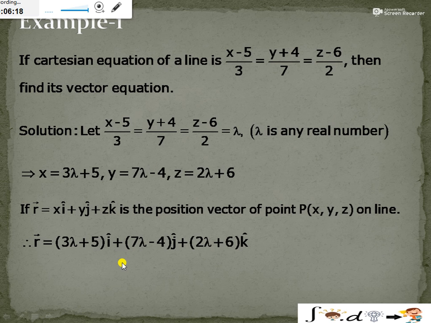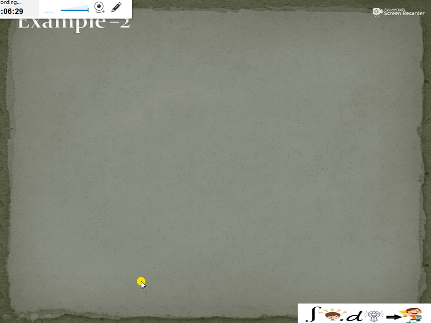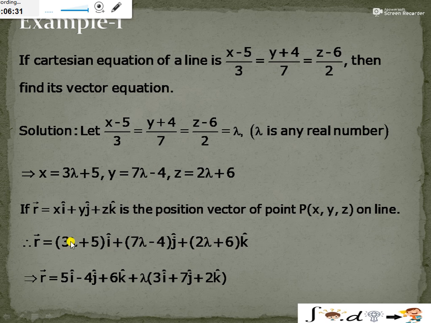Substituting this and simplifying, it becomes vector r equals 5i minus 4j plus 6k plus lambda times, from this term we have to take lambda common, lambda into 3i plus 7j plus 2k.